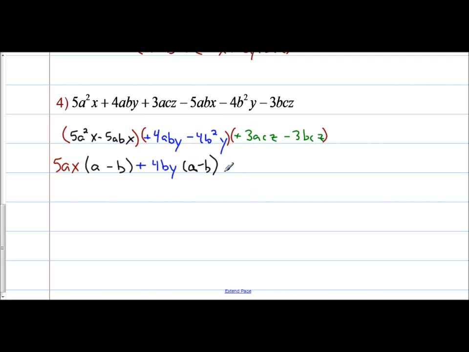And your GCF here is a positive 3cz. And inside the parentheses, you're left with a minus b. So if you take a look in all three new terms, they all have an a minus b in common. So you can factor that out. And on the outside, you're left with your 5ax, your 4by, and your 3cz.